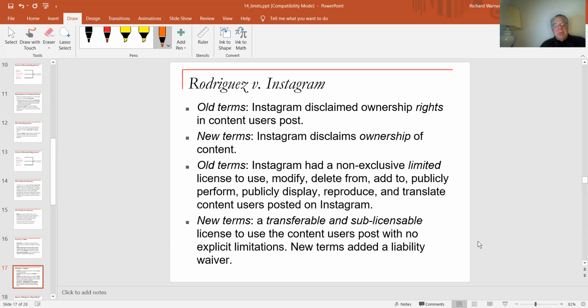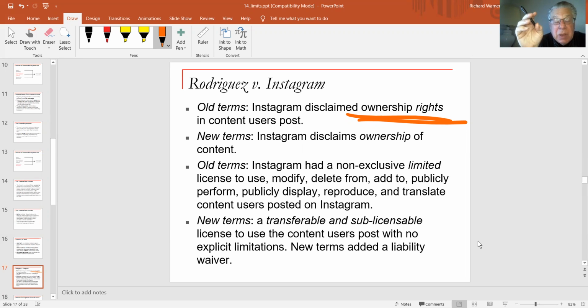This arises from right after Facebook buys Instagram. Facebook buys Instagram, and when it buys Instagram, it changes Instagram's retroactively updatable contract with its users. Right? The old term, the pre-Facebook Instagram contract disclaimed ownership rights in the content users post.